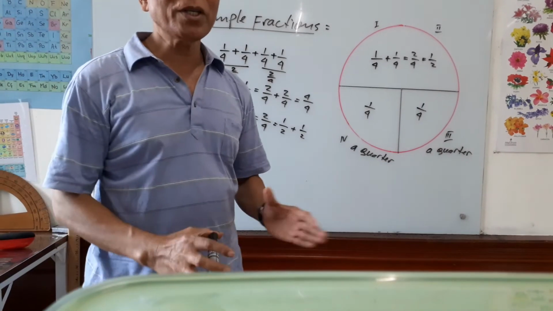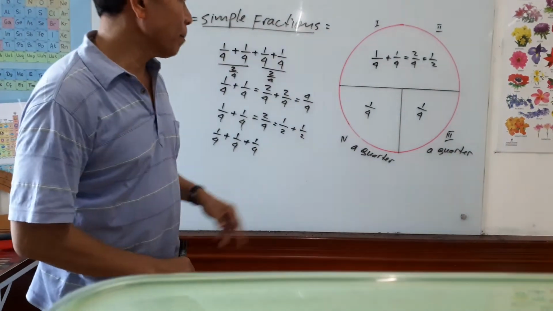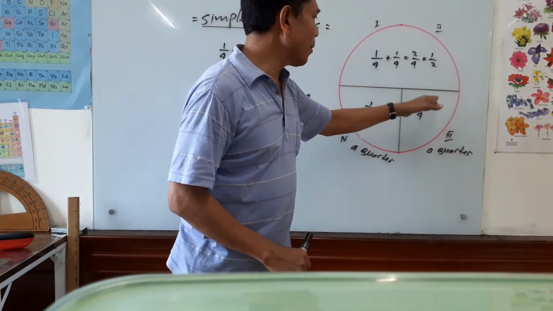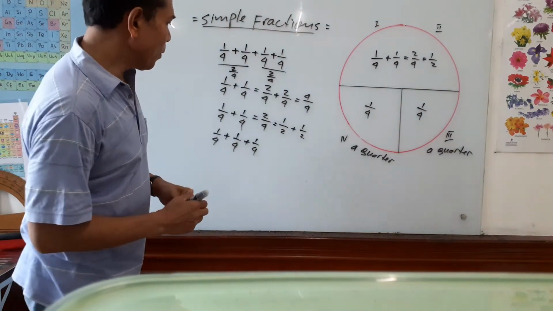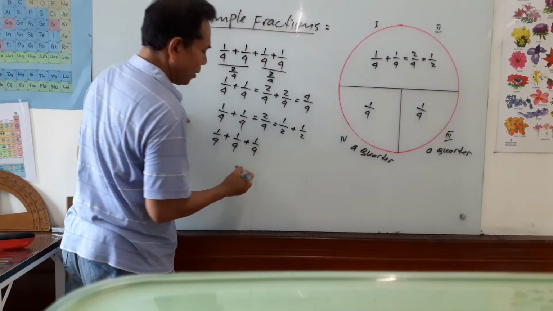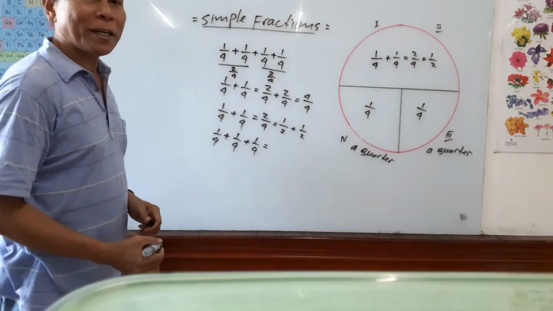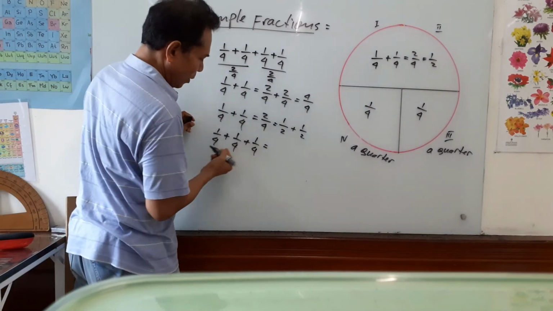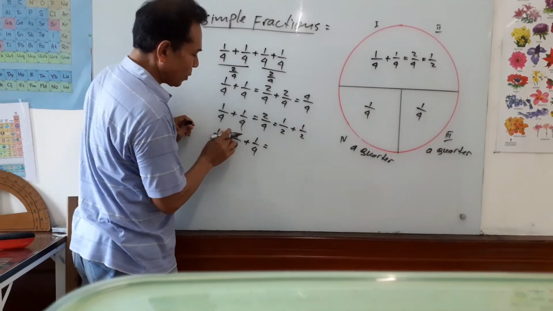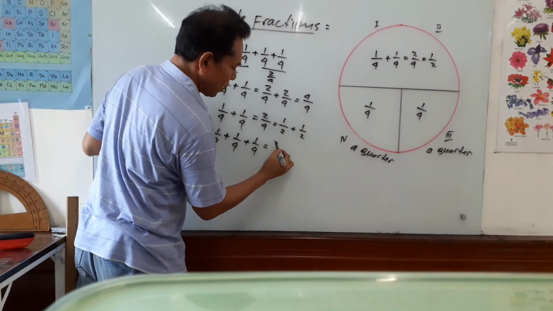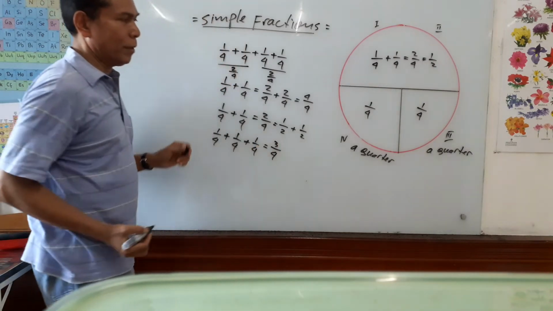So three pieces are put together. One piece here, one piece here, and one piece here. Now you have three pieces put together. Now we see what we get here. Because the denominators are the same, we add them straight away. So 1 plus 1 plus 1 equals 3/4.